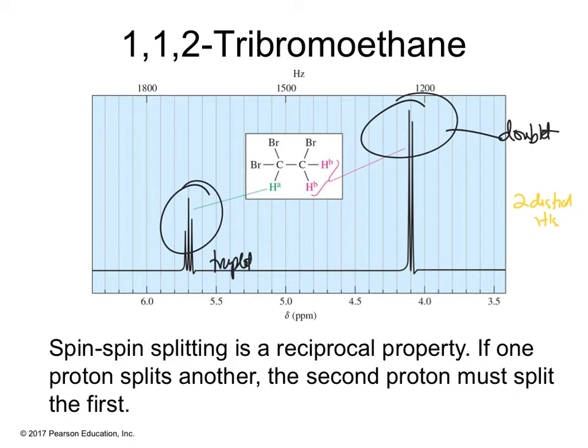And the B hydrogens here are only connected to a carbon with 1 bromine, so they're showing up at 4. And then this hydrogen here has a carbon connected to 2 bromines, and it's showing up at a lower field or a higher ppm.